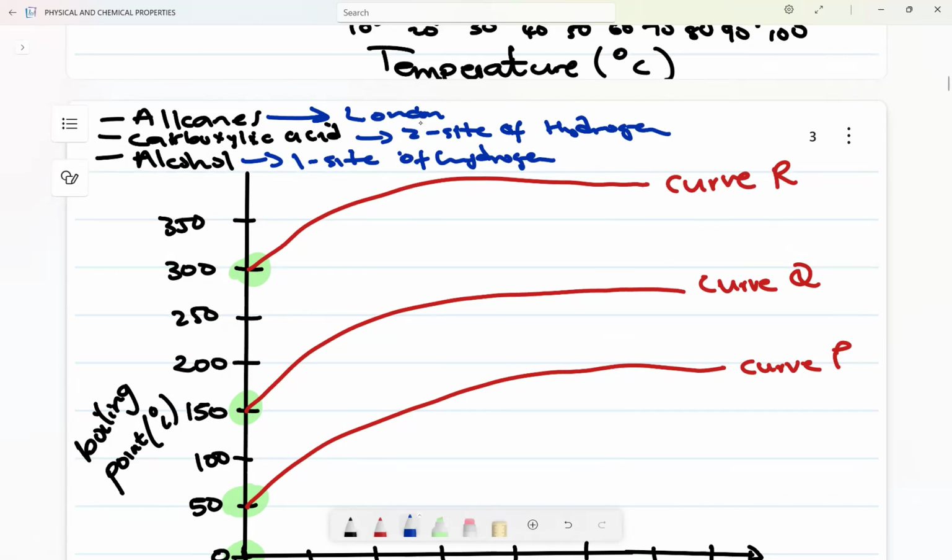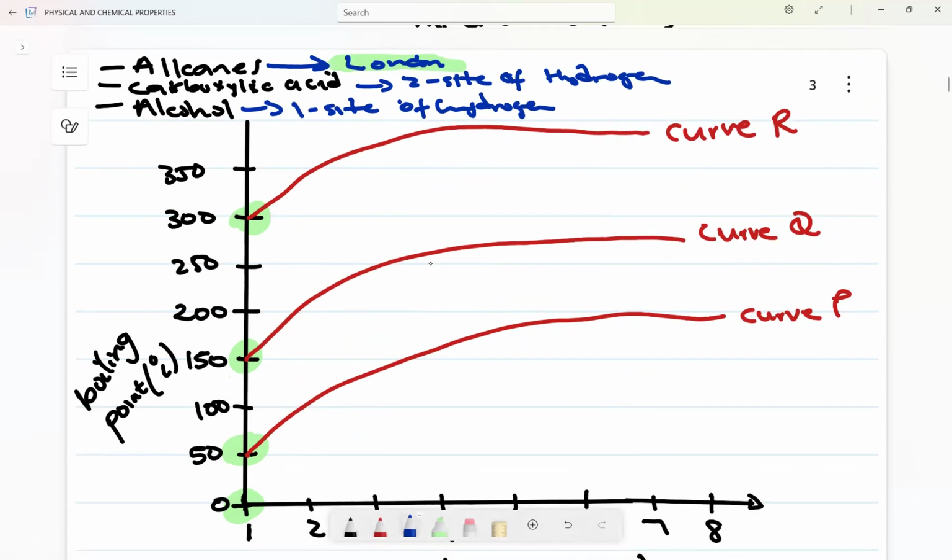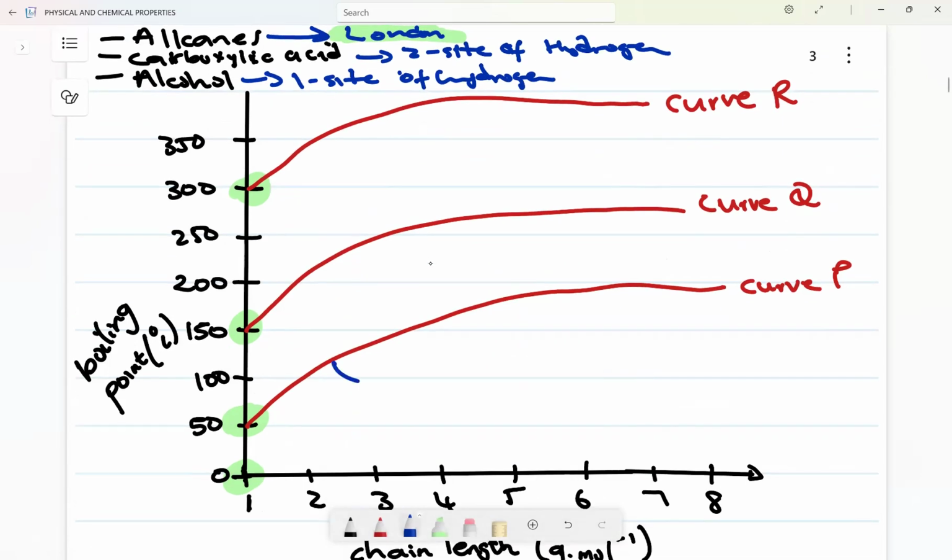Then I know that London forces are the weakest of all. If London force is the weakest intermolecular force, remember, if the intermolecular forces are weak, the boiling point will be low. Which one has the lowest boiling point here? It is this one. So this should be alkanes.